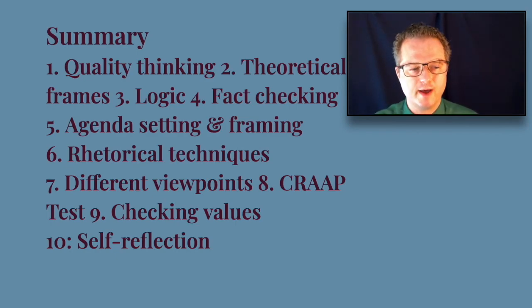We've talked about why it's important to look at different viewpoints and understand how different people who are different than us see the world, as well as trying to find, when there's an issue, who are the stakeholders and which of those stakeholders are getting their story heard and which ones aren't. We talked about the CRAAP test for checking sources and deciding which sources to trust.